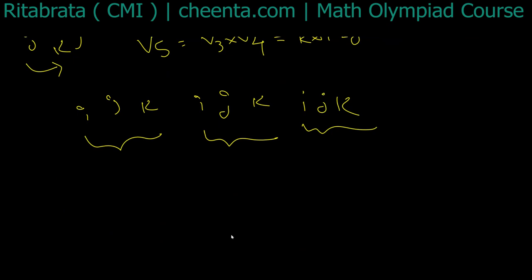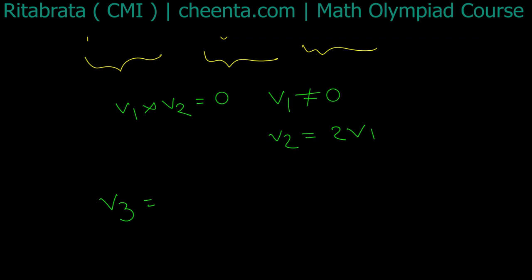You can also define it in another way. You can take any v1 and v2 such that v1 cross v2 is 0. The cross product of two vectors is 0 when they are parallel. So you can take any non-zero v1 and define v2 to be parallel to v1, like v2 equals 2v1. In that case, v3 equals v1 cross v2, that is v1 cross 2v1, which is 0.